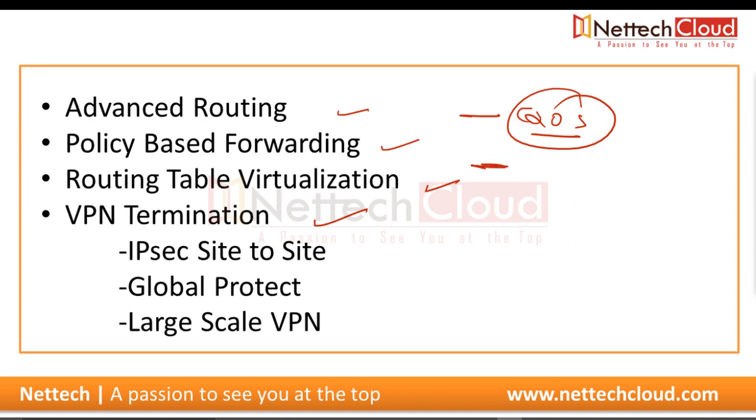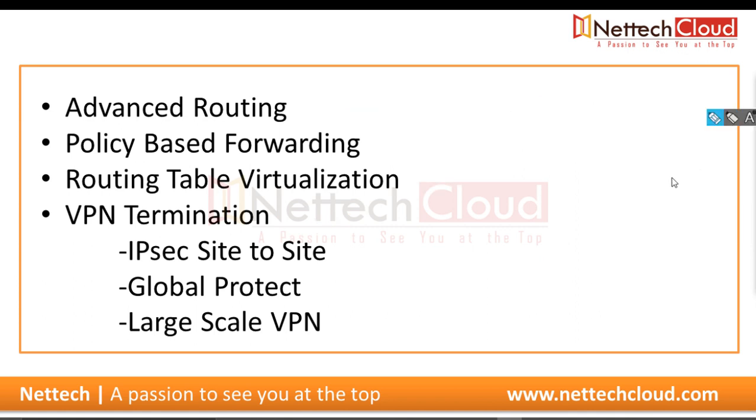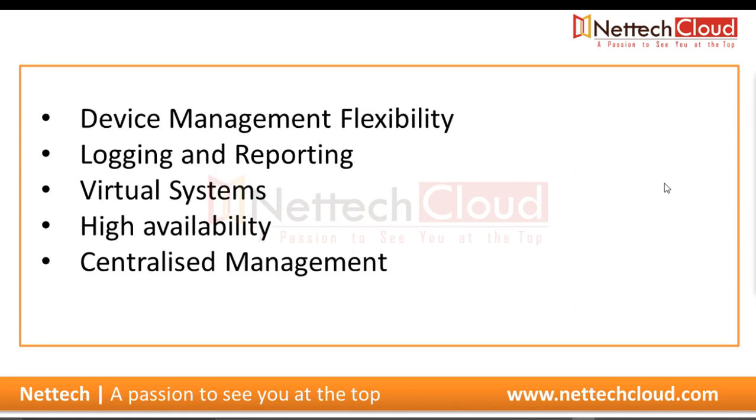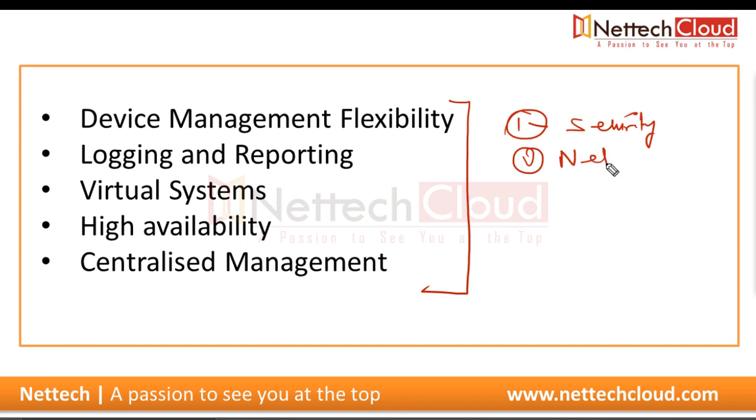They all are networking features. The third section, the last one, is related to management. So first we discussed security features, then networking, and the third major category is management.